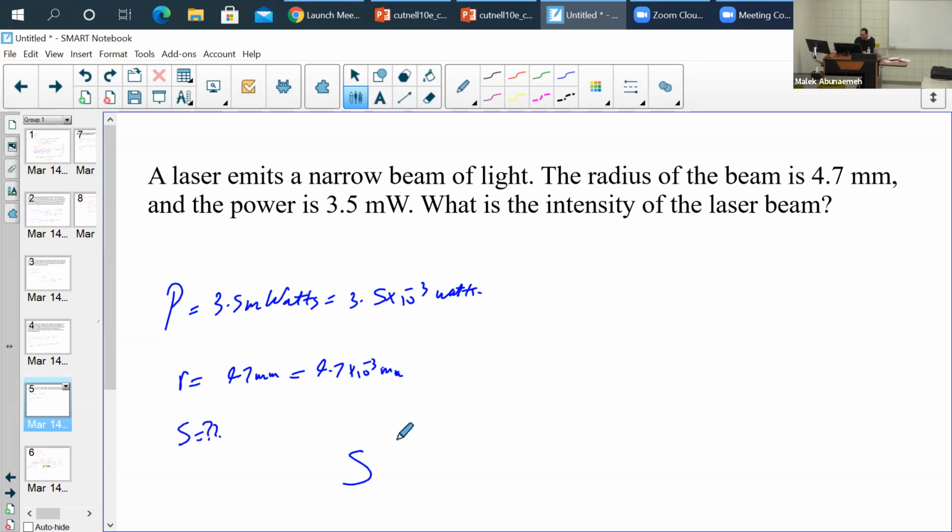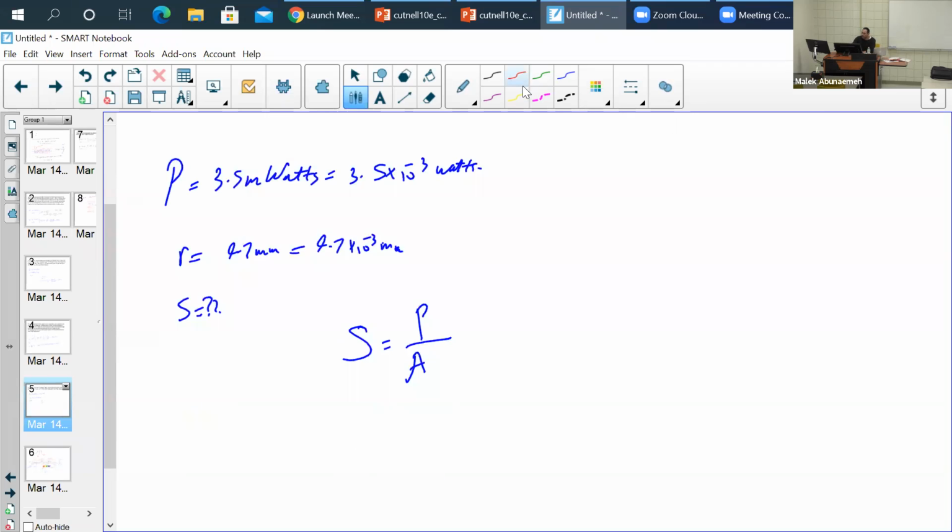Now your intensity, again, your book uses S, so I'm going to go with your book, is your P over A. We have the P, but we don't have the area. Your area for that light is going to be pi r squared.